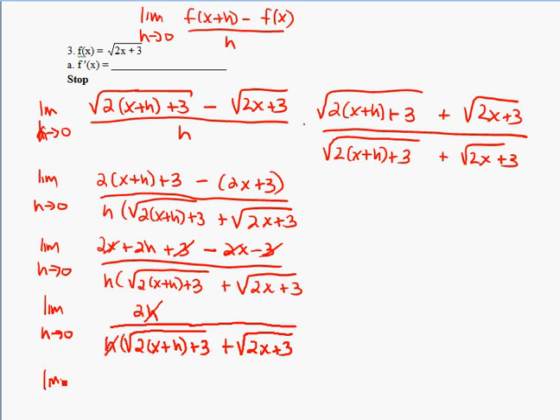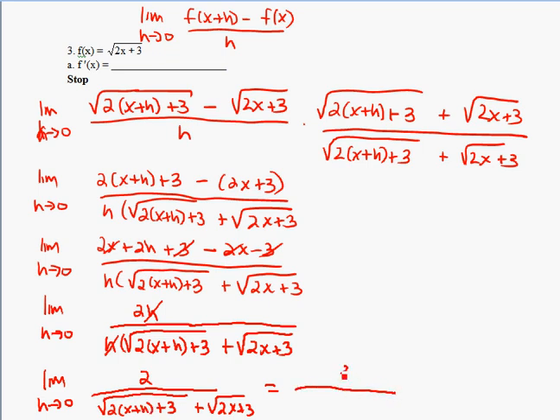So I'm just left with the limit as h approaches 0 of 2 over the square root of 2 times x plus h plus 3 plus the square root of 2x plus 3. I substitute 0 in because I'm determining the limit as h approaches 0, so that h goes away. So I'm left with 2 over the square root of 2x plus 3 plus the square root of 2x plus 3.